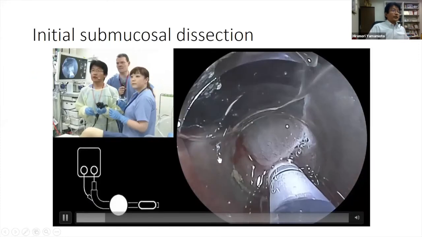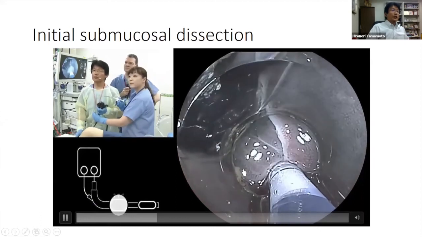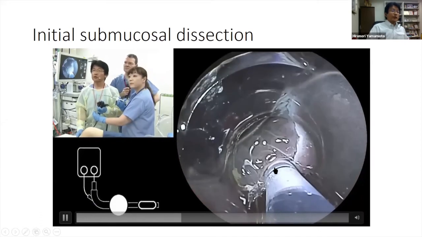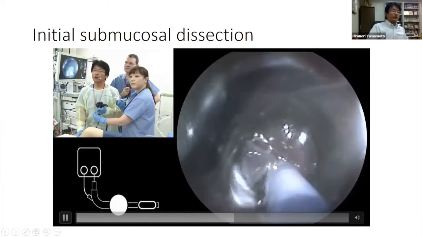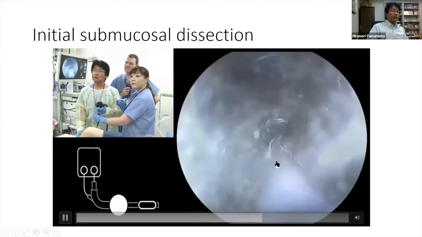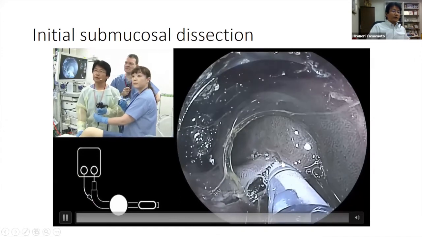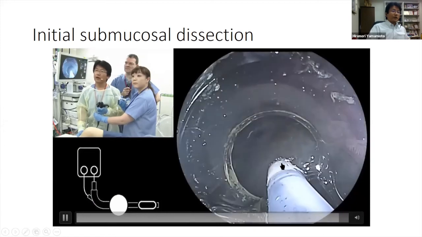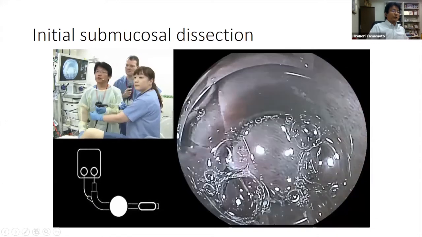And this is the initial submucosal dissection. Use the tip of the ST hood to lift up the mucosa, and just shallow dissection I made. And a few times I repeat.